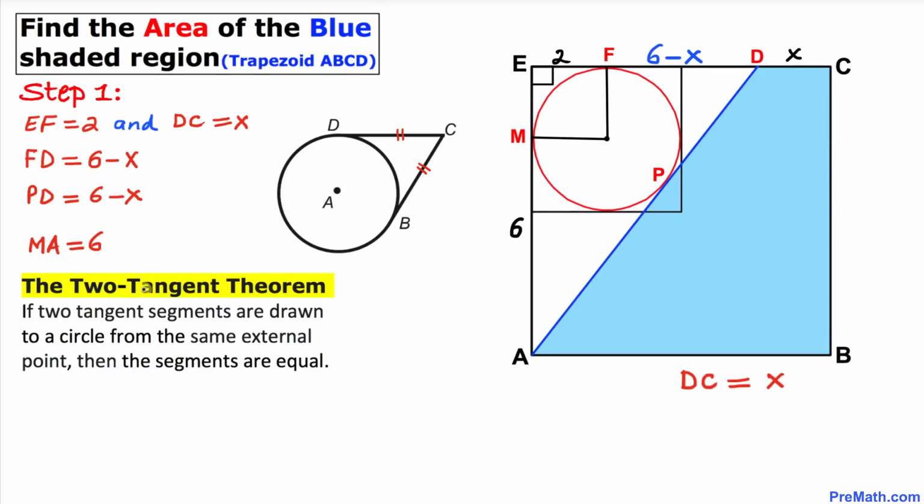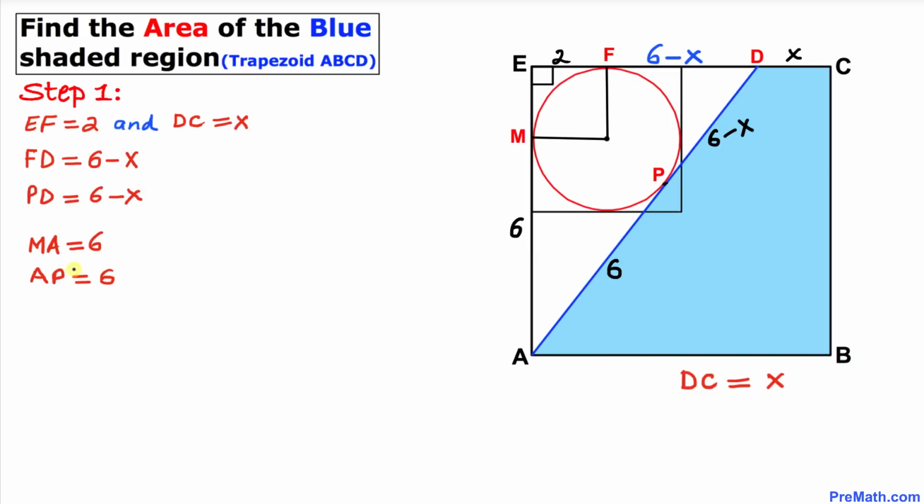According to the two-tangent theorem once again, this side MA is going to be equal to AP. Why? Because MA is a tangent to the circle and AP is a tangent as well. So our AP value turns out to be 6 as well.